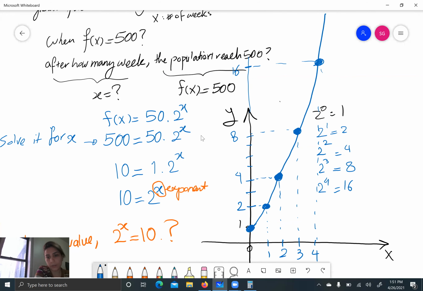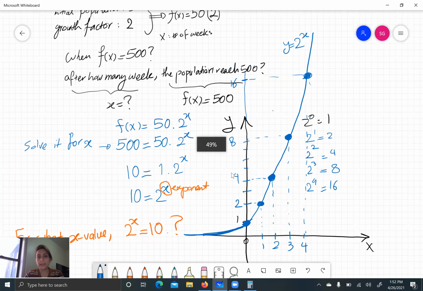You know how the graph of an exponential function looks. From the left side, it approaches the x-axis, and then from the right side, it goes to infinity, right? So this is the graph of 2 to the x.